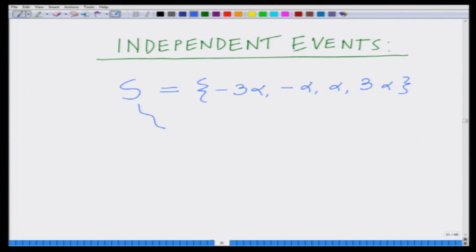We had said that this is our 4 PAM or M-PAM, pulse amplitude modulation constellation.